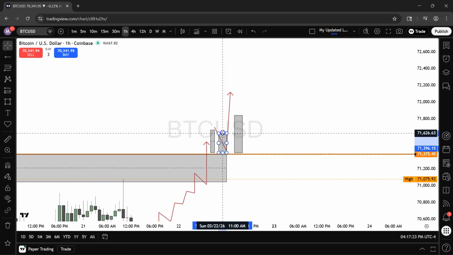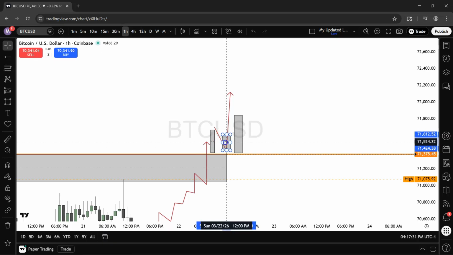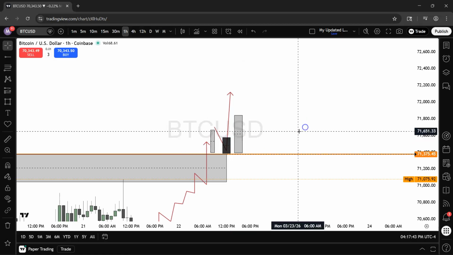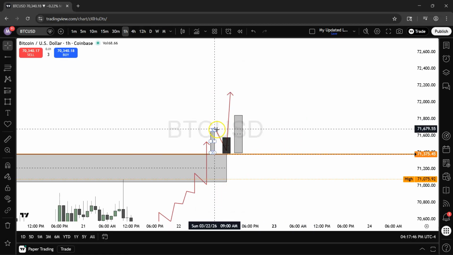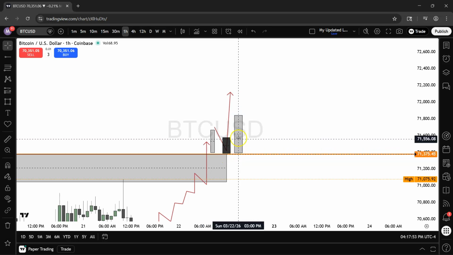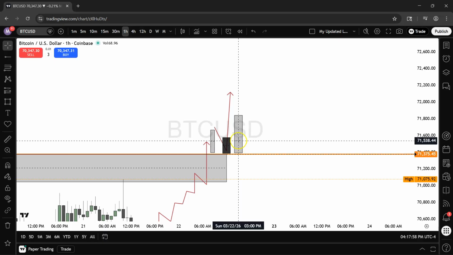So let's say this is a pullback candle, and we'll make that candle black. If this is a pullback candle, and it created a wick up top, of course, but it came back and touched that line, and the very next candle is bigger than the previous candle, this is called a bullish engulfing candle.